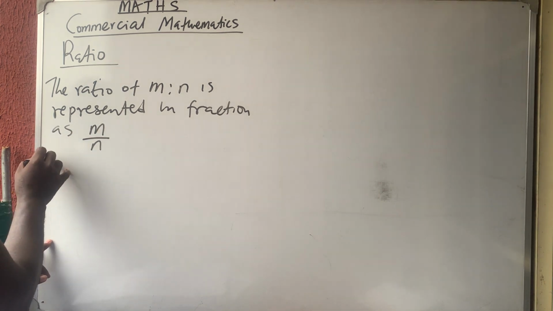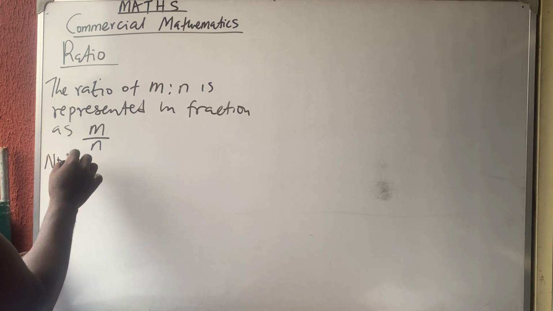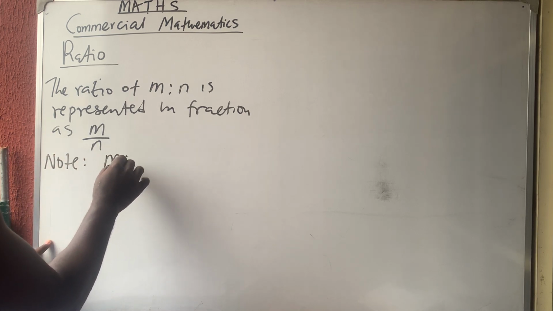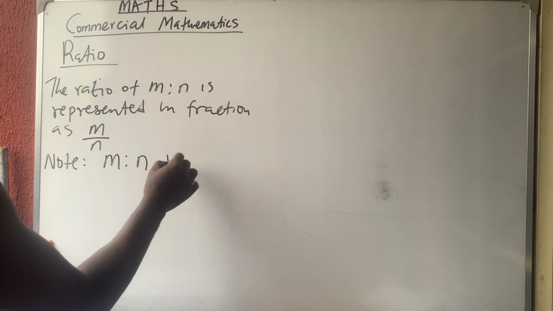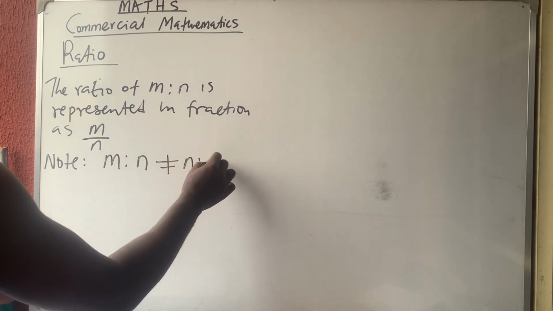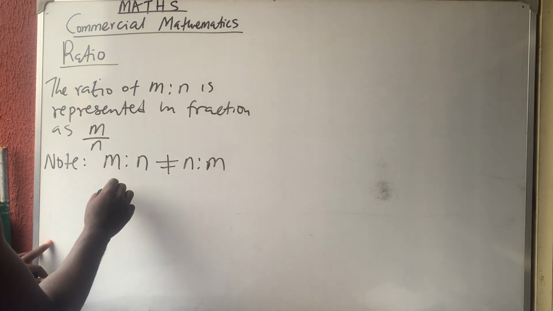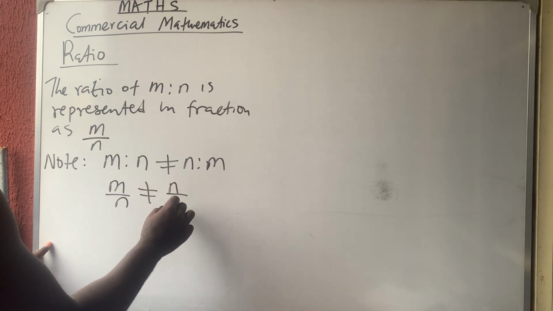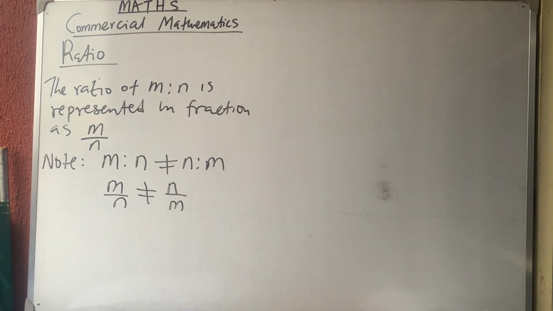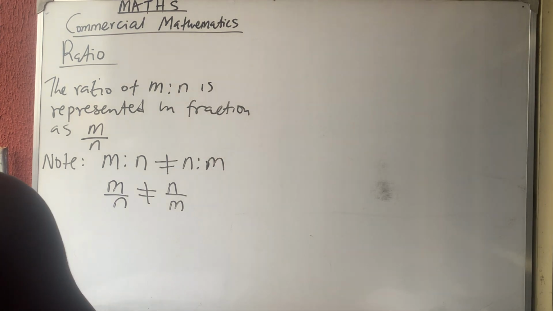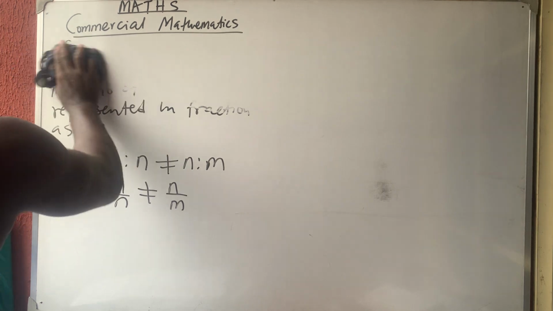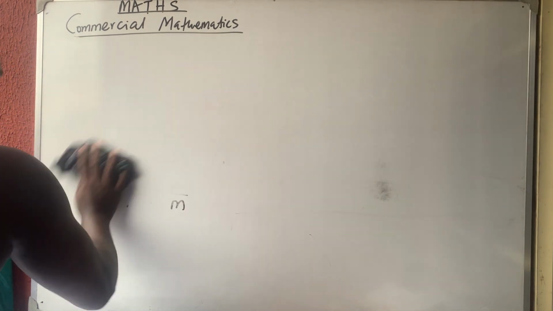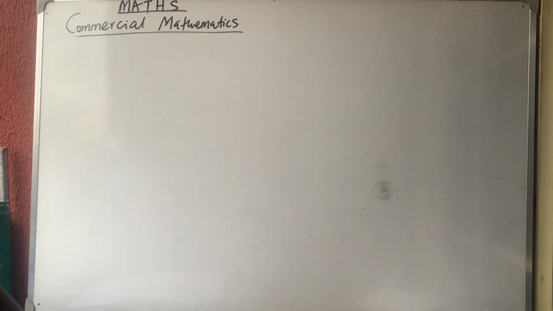Please, very importantly, note that m is to n is not the same thing as saying n is to m. It's as good as saying m over n cannot be the same thing as n over m. They are not the same. You need to take note of that.